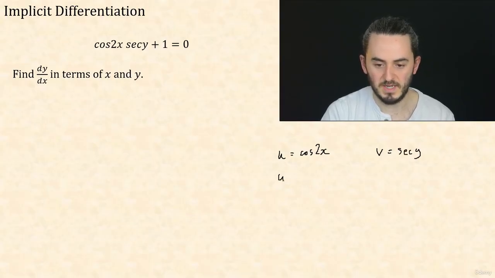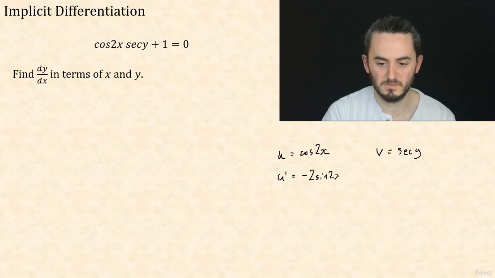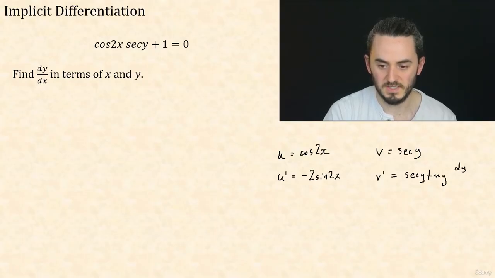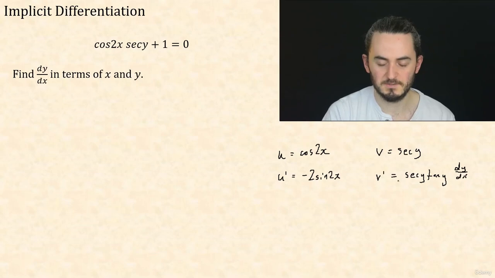So that means that u dash is minus 2 sine 2x, and v dash is, okay, sec of some stuff, so the chain rule says that the answer to this is sec y tan y dy by dx.